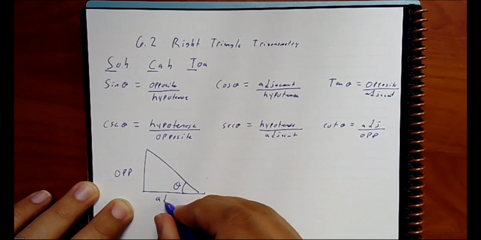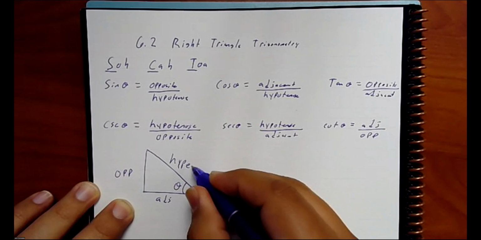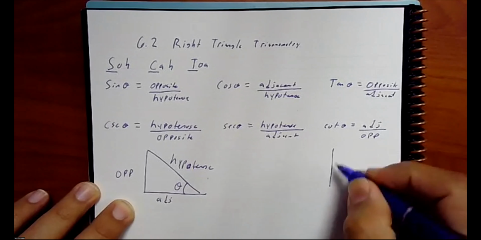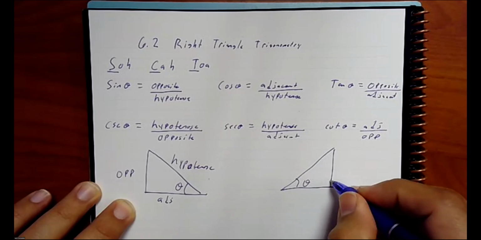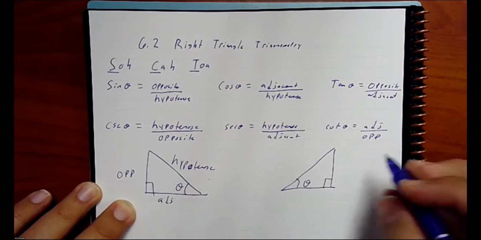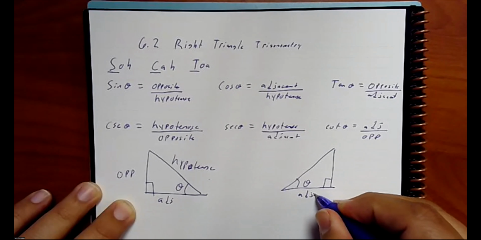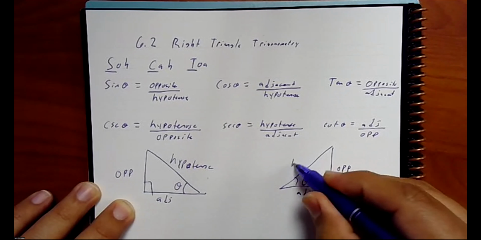Adjacent would be right next to it. Hypotenuse is always hypotenuse. If I draw it this way, which is fine, no matter, now adjacent is right here, opposite is over here, and hypotenuse is here.